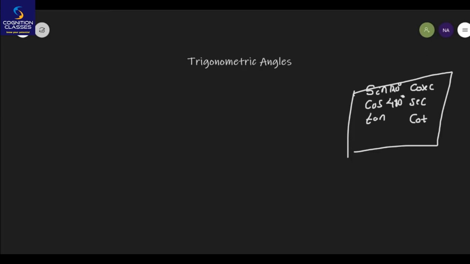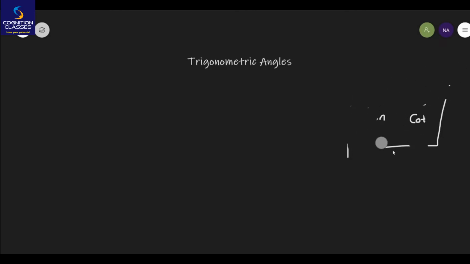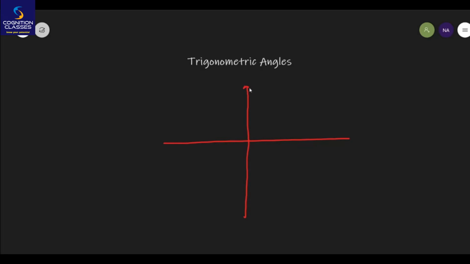Before going into the depth of this concept, we should first know that there are four quadrants when we make a coordinate axis. Let me make a coordinate axis here. Suppose this is the y axis and this is the x axis. I am dividing the angle of 360 degree into four equal parts of 90 degree each, because the axes are perpendicular to each other.